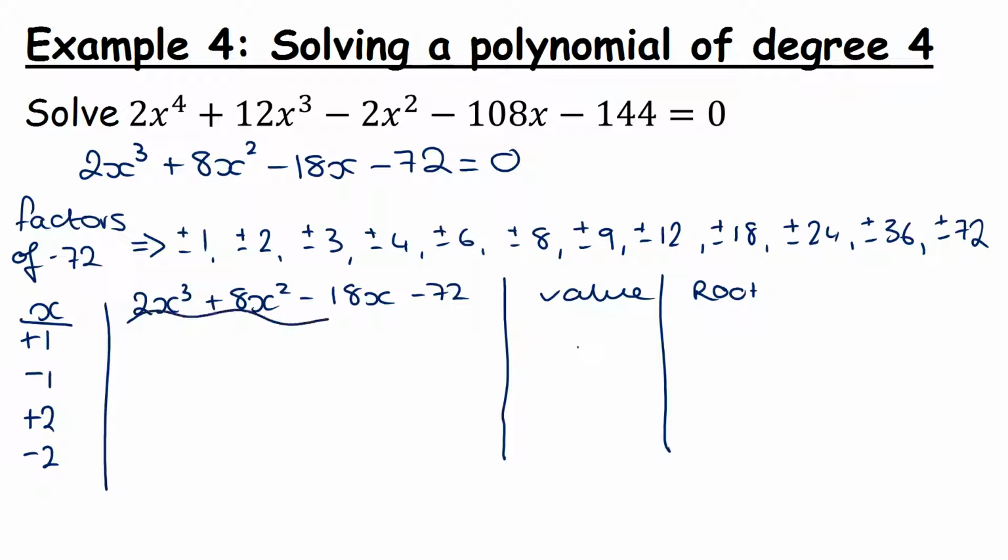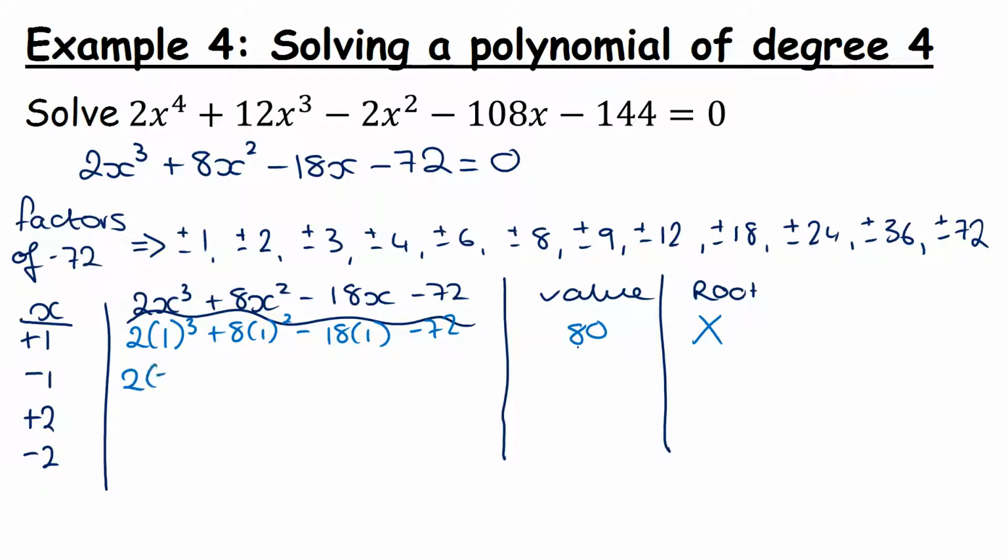Okay, so let's go with this. I'll fill this in in a lighter colour so we can see the difference. So 2 to the power of 3 plus 8 by 1 squared minus 18 by 1 minus 72, and the value that gives us is minus 80, so it's not a root.